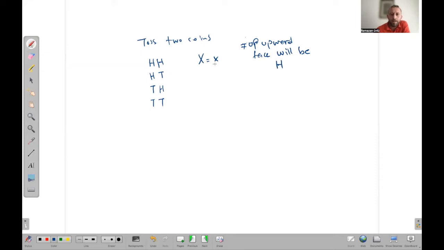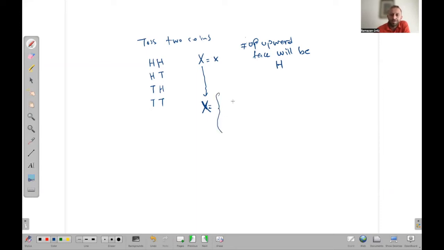This capital X is the random variable, and this small x is the values that my random variable can take.